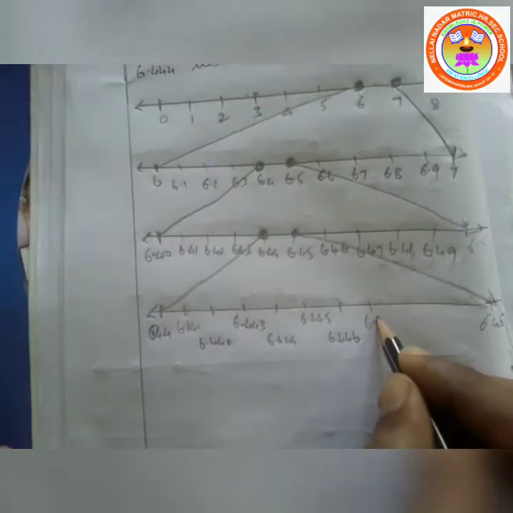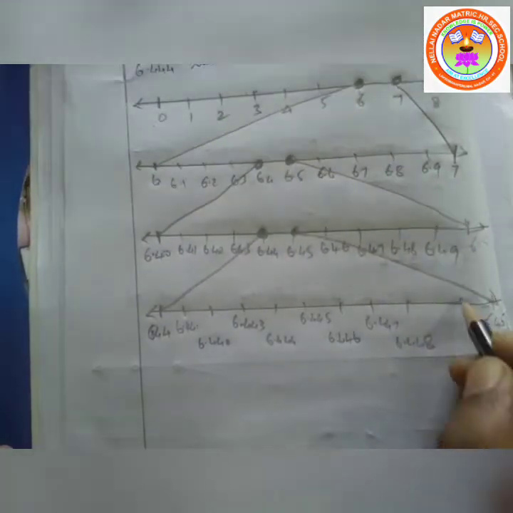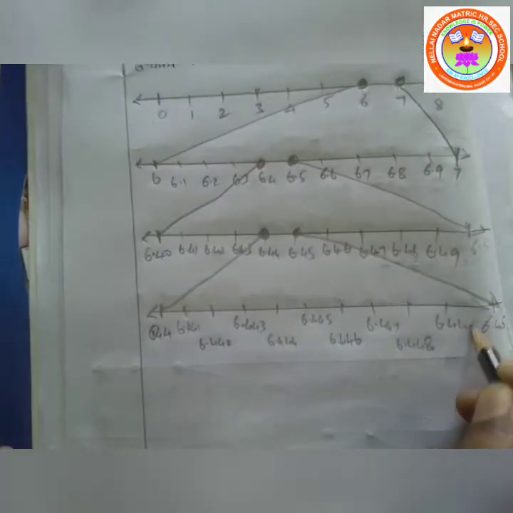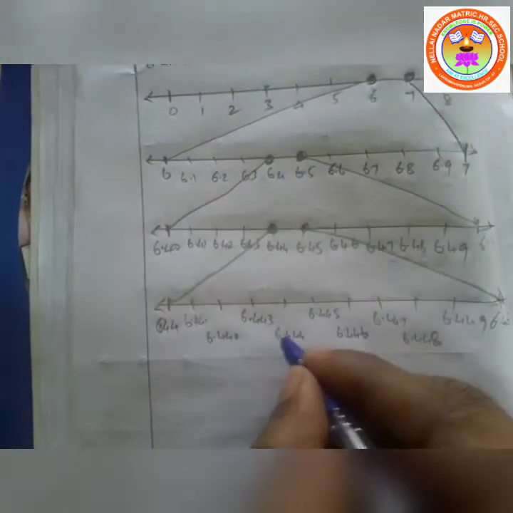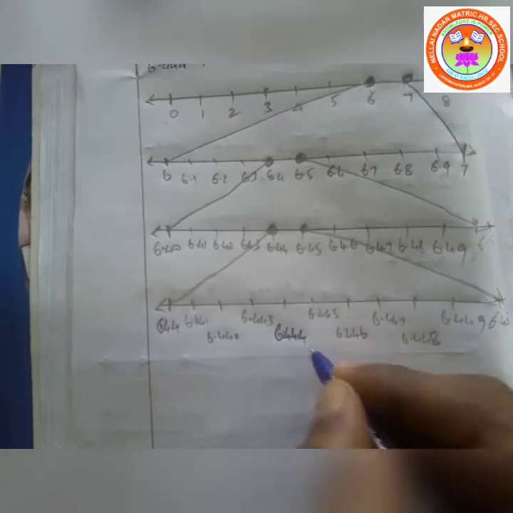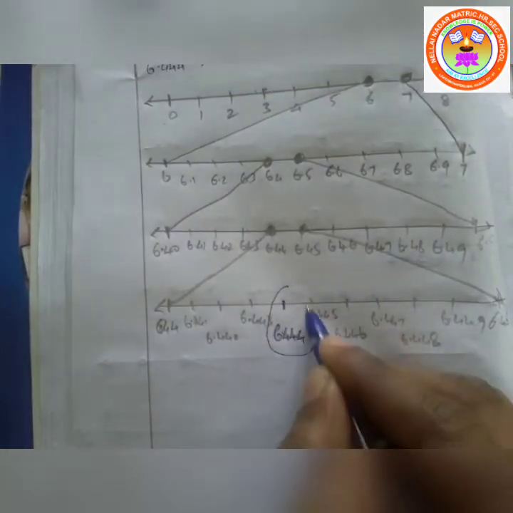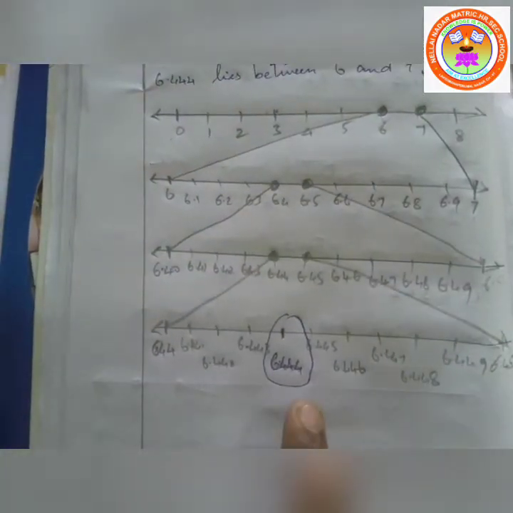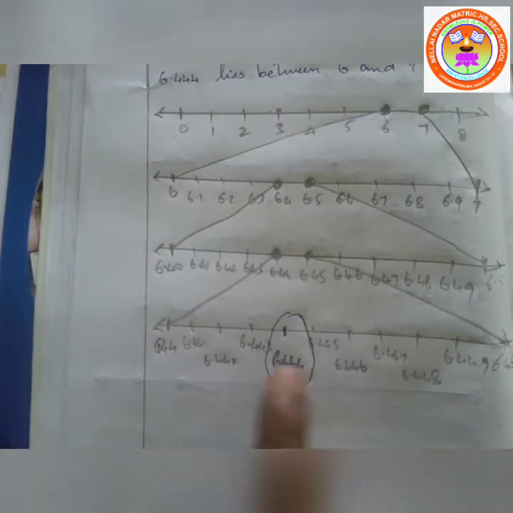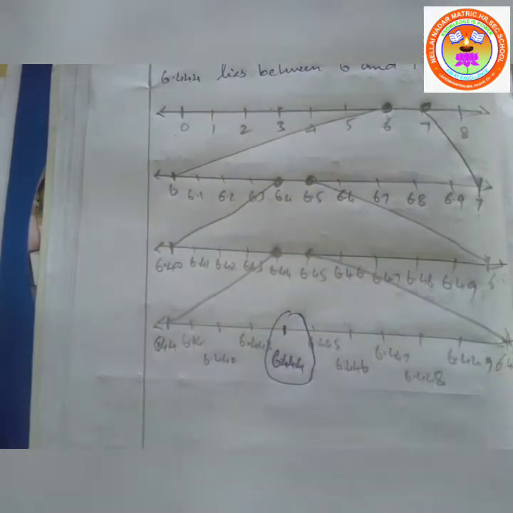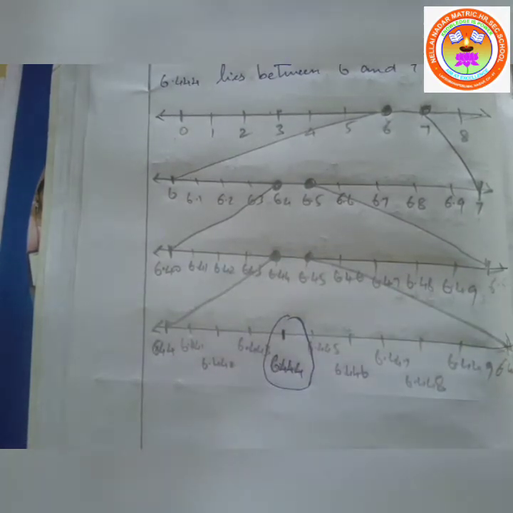Seventh number 6.447. Eighth number 6.448. Ninth number 6.449. So here we arrived at that number, 6.444. So this is the representation of a number on the number line. Here we have represented 6.444 on the number line. Able to understand?